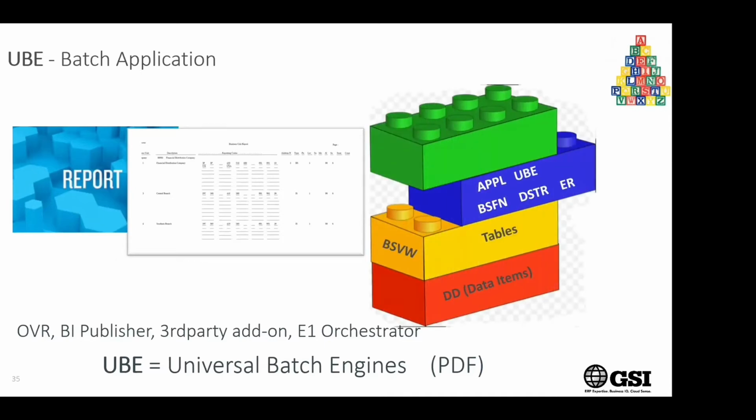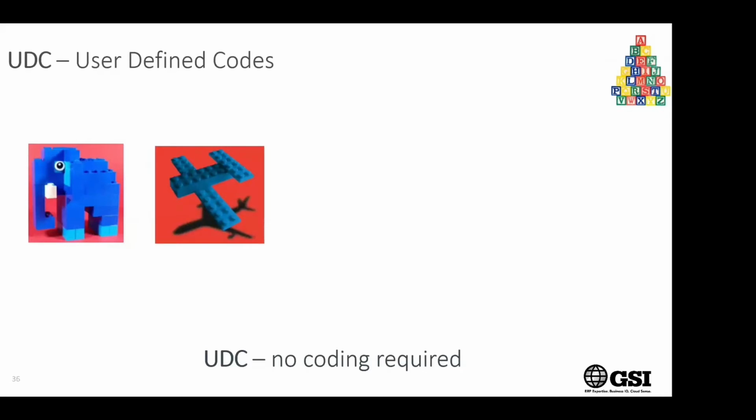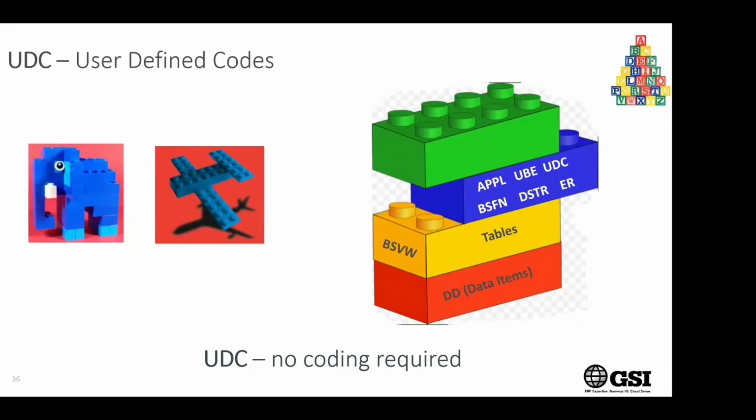Okay, so I added the UBE to our engine, the blue brick, and here's another one where you don't really need to go into any coding. UDC, or user-defined codes, are quite powerful, because most forms and reports in JD contain fields that have little drop downs with magnifying glass. For example, if you're keying in address book information and you don't know what the search type is, but there's a magnifying glass icon right next to the field, you click on it, and you can see the values in there that you can use to fill in that field.